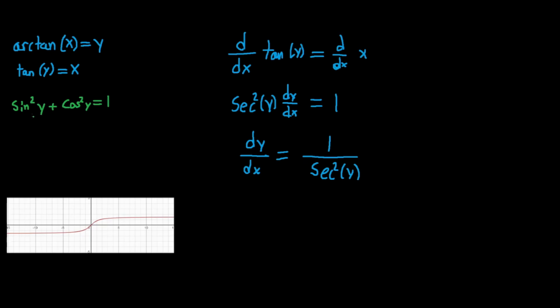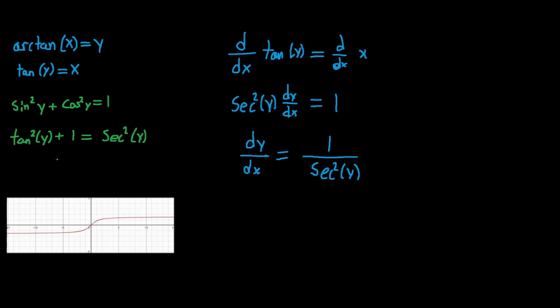So if I do that, sine squared over cosine squared is going to be tangent squared, plus cosine squared over cosine squared is just going to be 1. And then 1 over cosine squared is going to be secant squared of y.